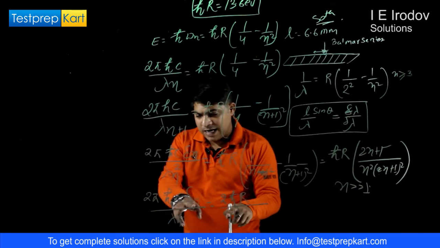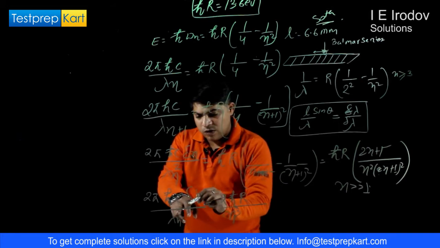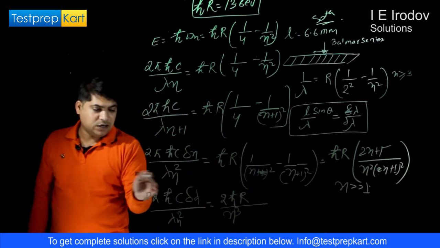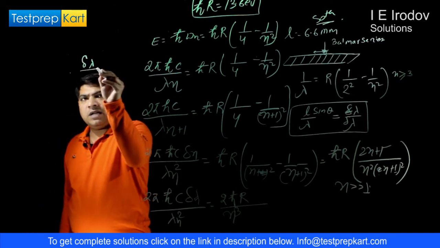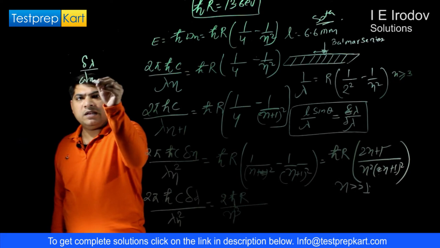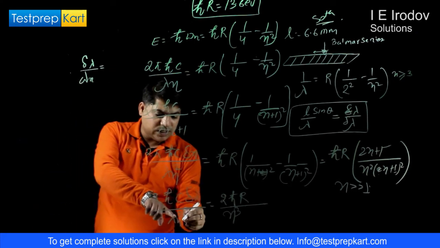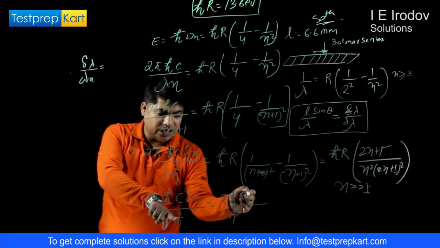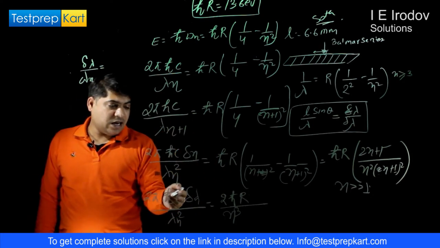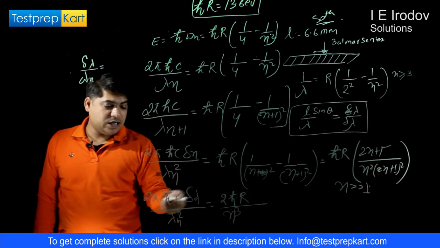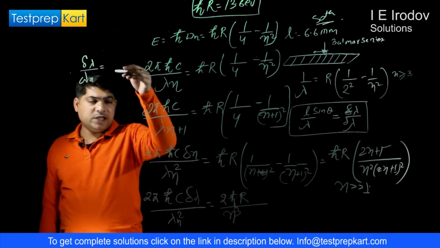So from here we can calculate delta lambda over lambda by making a slight modification: delta lambda over lambda n is equal to, take one lambda here and shift the other to this side, and cancel the h bar term and the two terms available there.